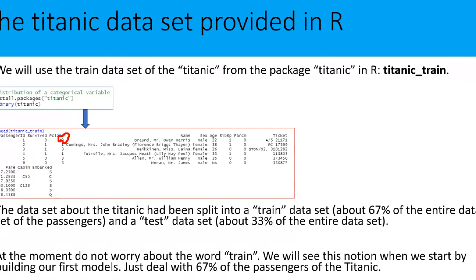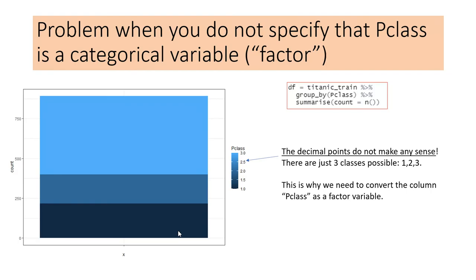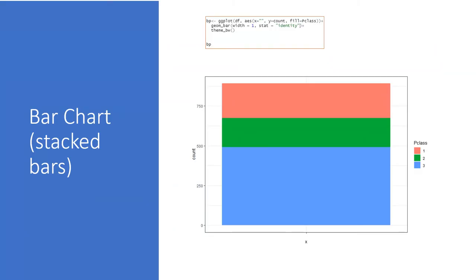At the minute, R takes it as a numerical variable, but you need to define it as a categorical variable. So you need to put it as a factor in order to split them and have a proper stacked bar chart like this.